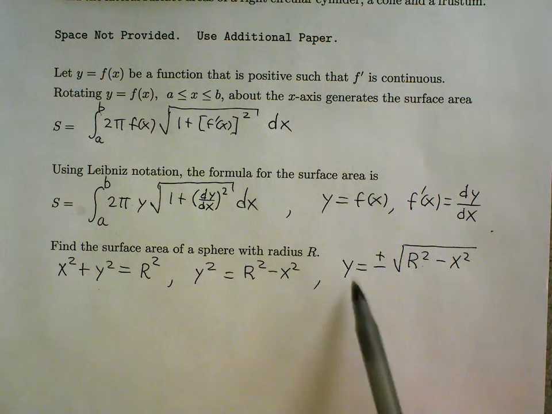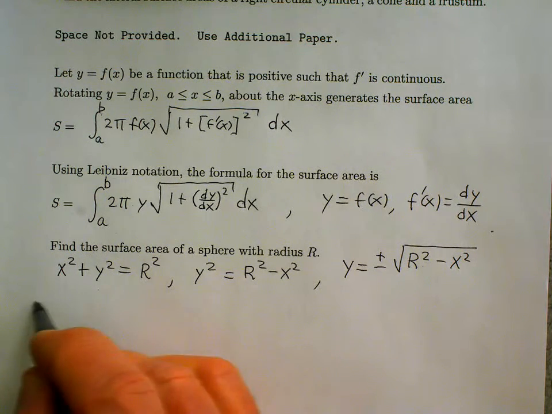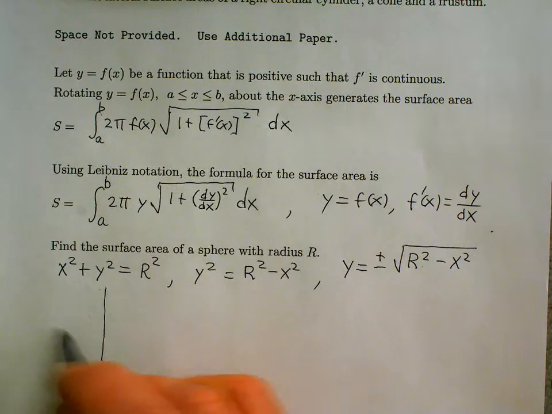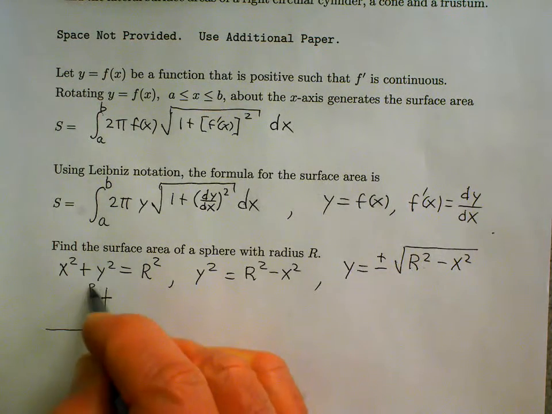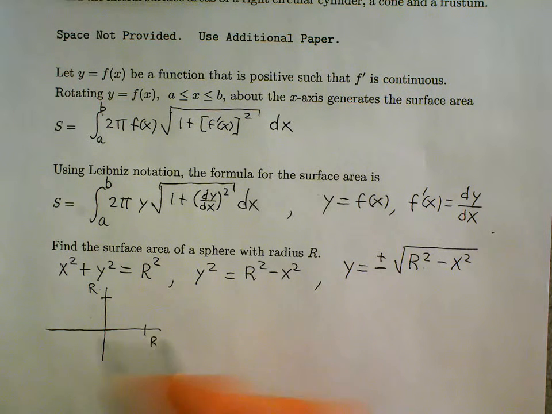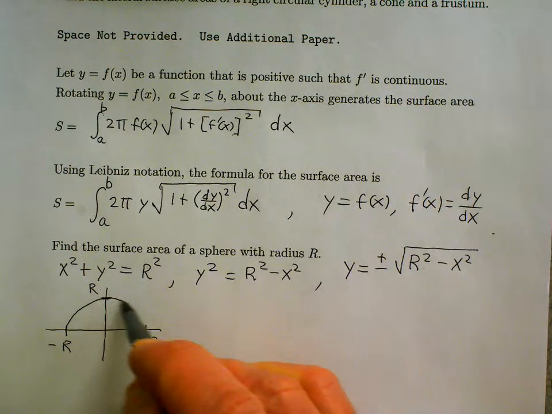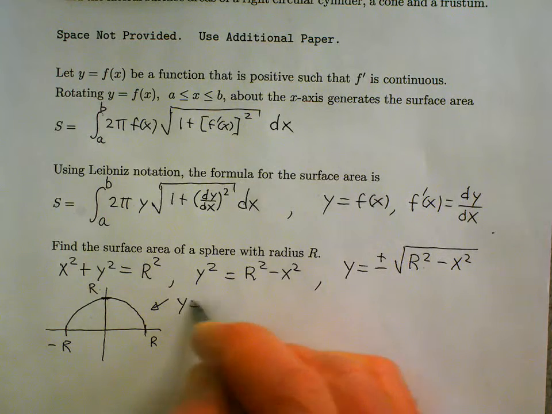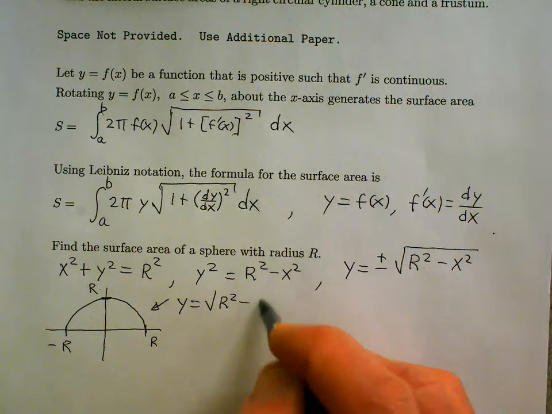So if we just pick the upper half circle and sketch a graph of it, we don't really need a graph, but it might help. So pretend like this is a half circle. And the equation for that is y equals the positive square root of r squared minus x squared.